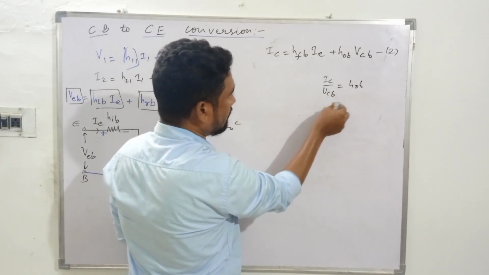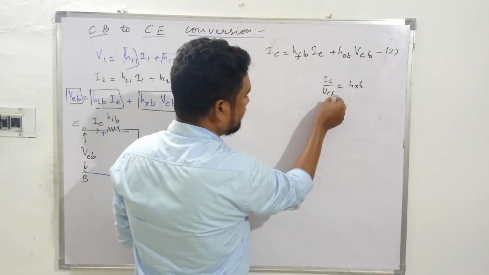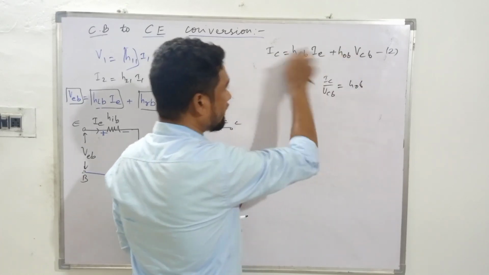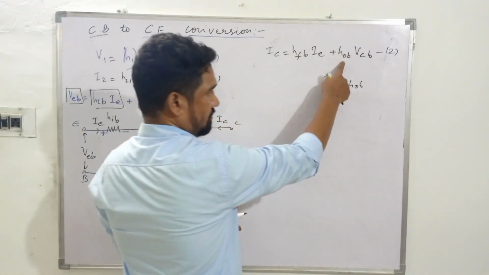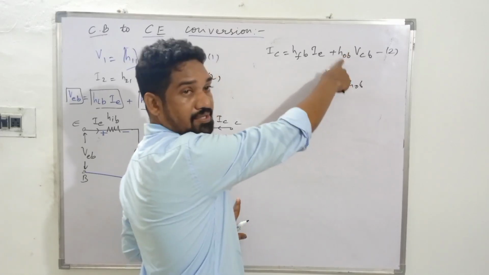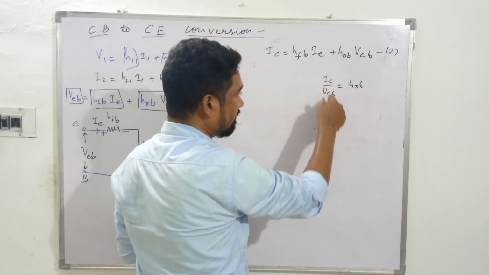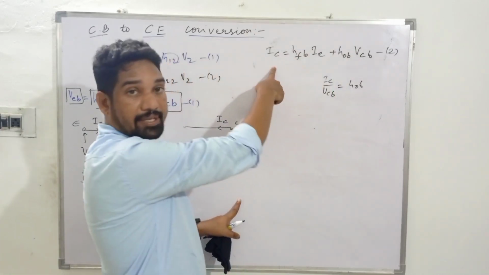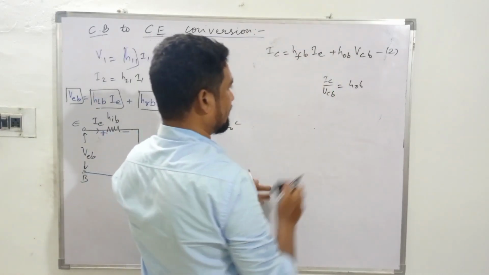Now going back over here, when substituting HOB with IC upon VCB, this voltage and this voltage gets cancelled. We will be left with current only. It's a conductance, not resistance, conductance. So conductance is I by V, and this V gets cancelled, and we will be left with I, right? So it's a conductance.